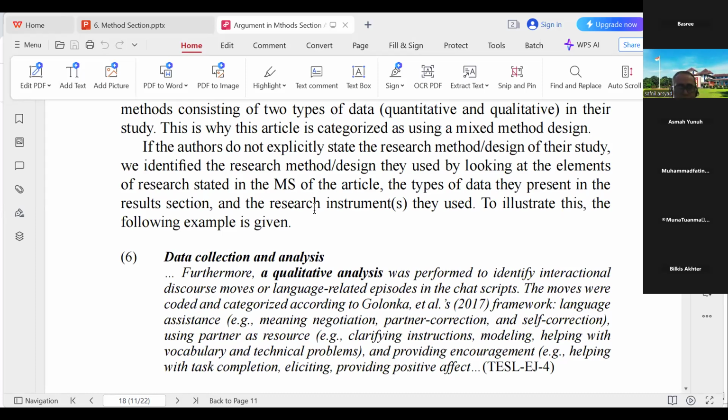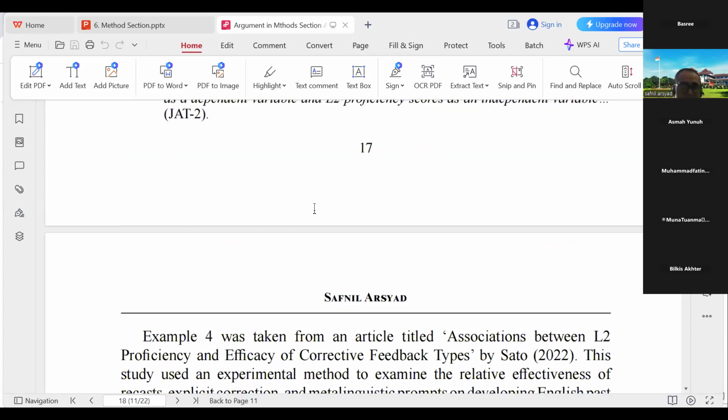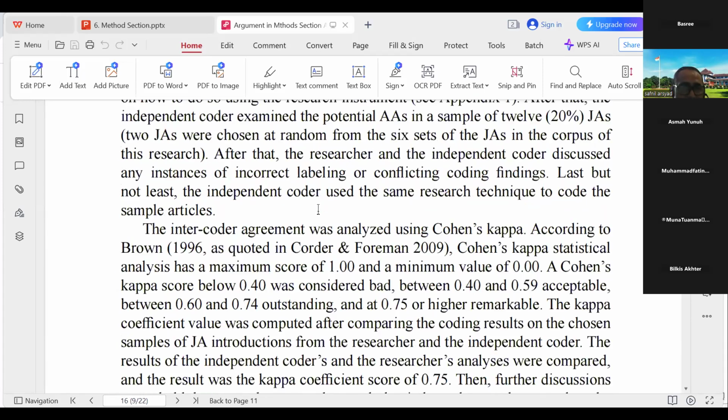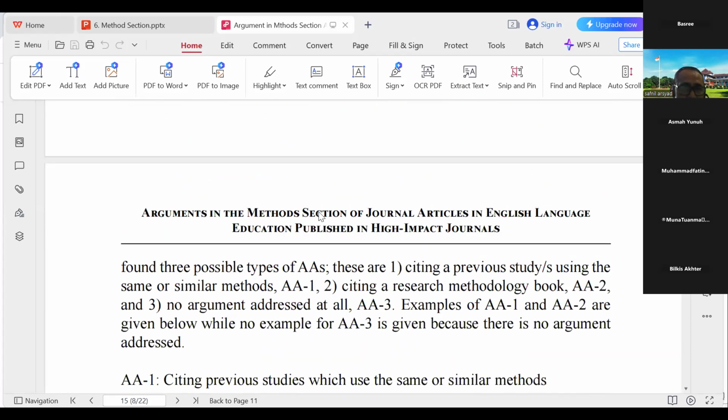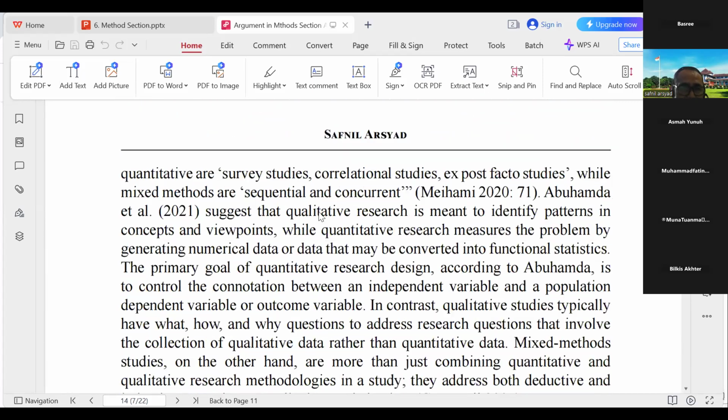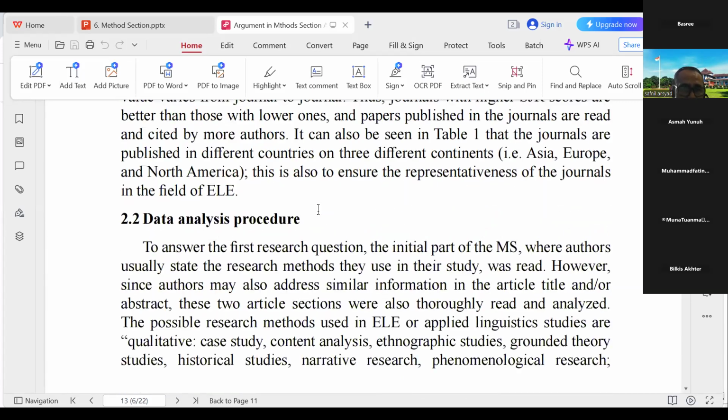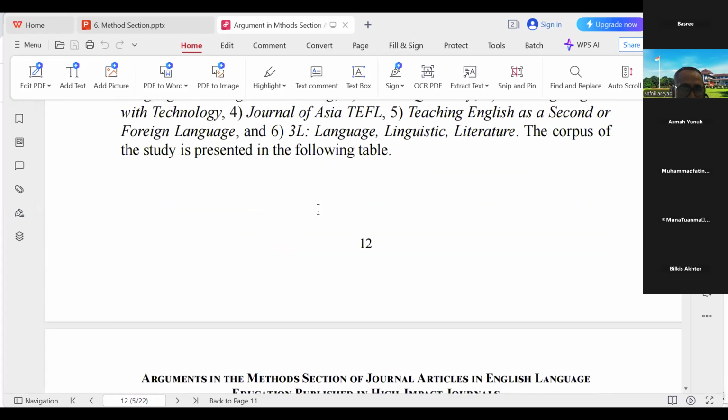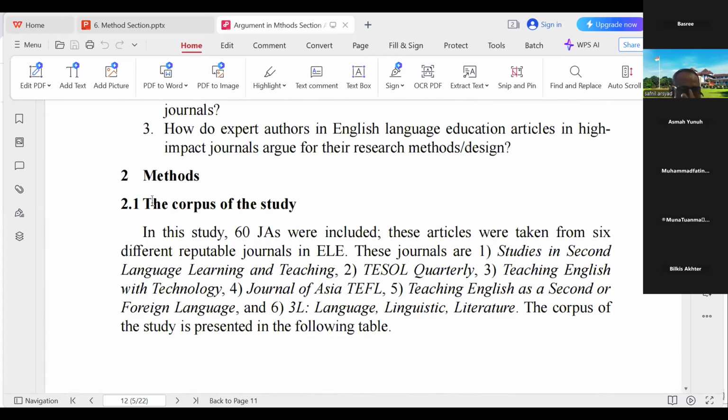So although the authors do not declare it, just like my article, I don't declare the design of the method I use in my study. You see here, I don't write 2.1 research design.